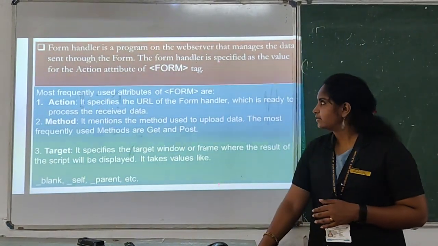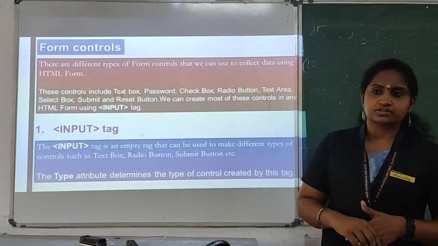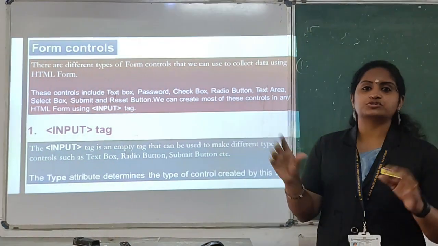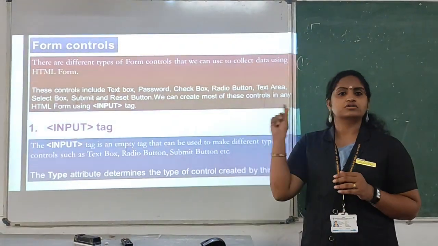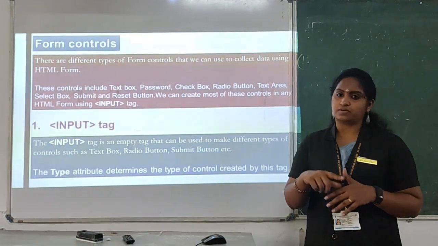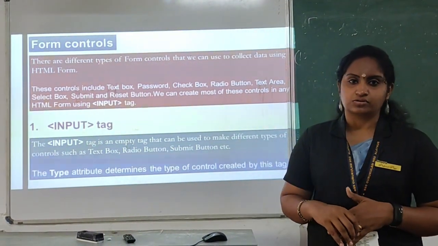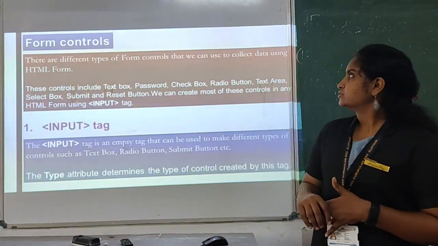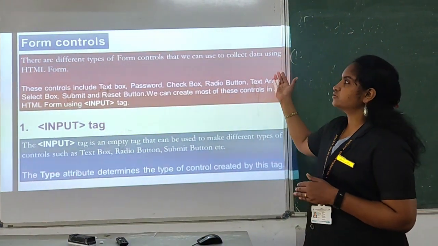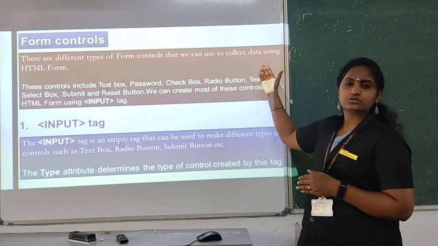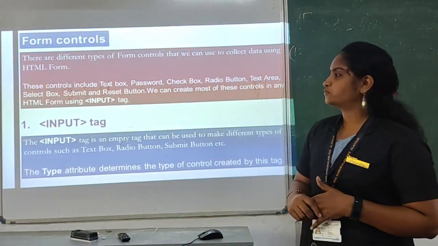Okay. And another one is form controls. So we have different options to enter: is it in a rectangular box, or in round, or in a square box? Such options are known as controls. So we can use the form controls to collect the data using different options.